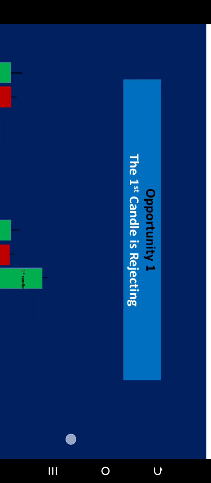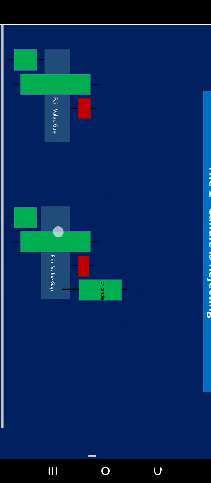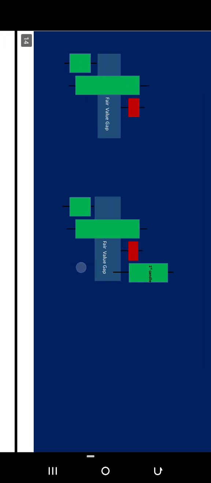Okay, now let's take a look at it. The first opportunity is this. Okay, opportunity one. The first candle is rejecting. If you look at this fair value gap leg, this is a bullish fair value gap, right? That has been created. Can you see the gap there?